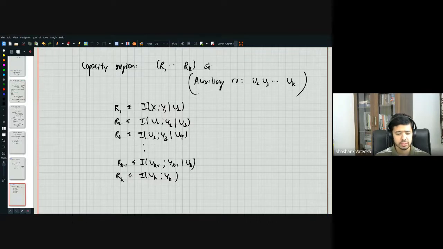But in many cases, it suffices. So we know the capacity region for the degraded broadcast channel, and you just try to apply that.